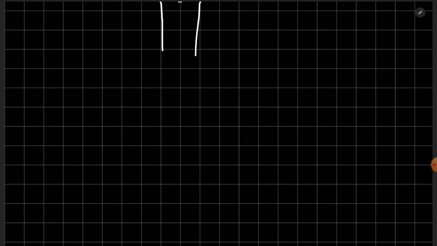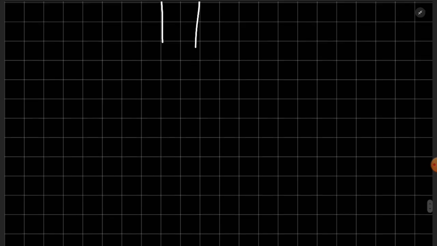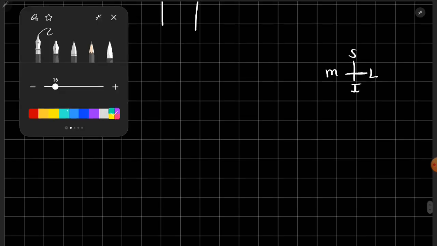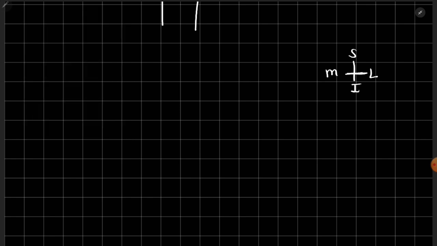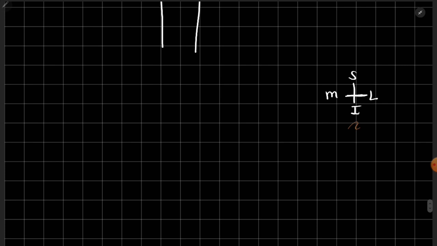So we will talk about the right popliteal fossa. I will give an orientation to the diagram: medial, superior, inferior and lateral. Now talking about the boundaries, we have muscles in the boundaries. Now remember this diagram.